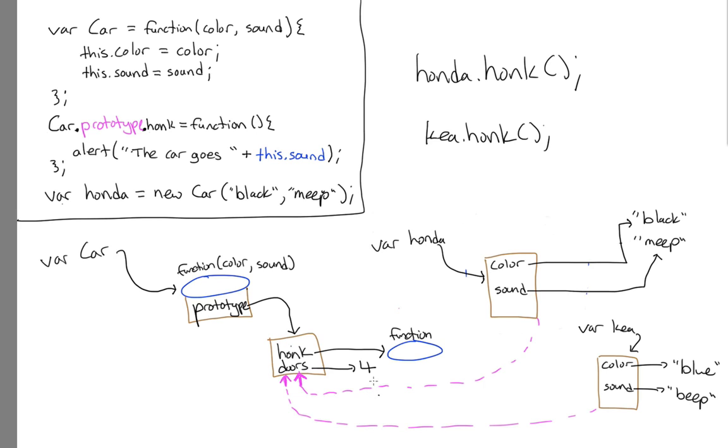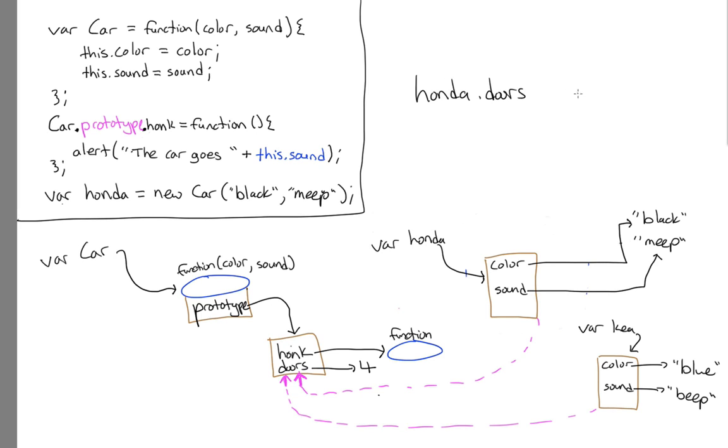In code, that will look like car.prototype.doors equals 4. So now up here, if you did Honda.doors, that would give you 4.